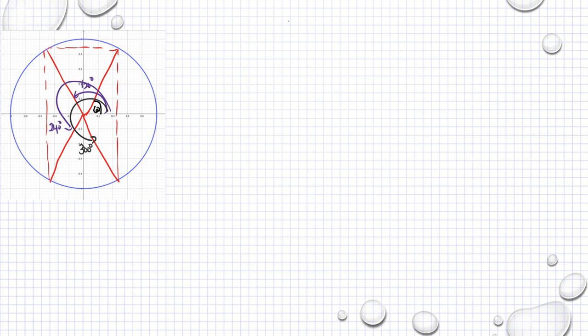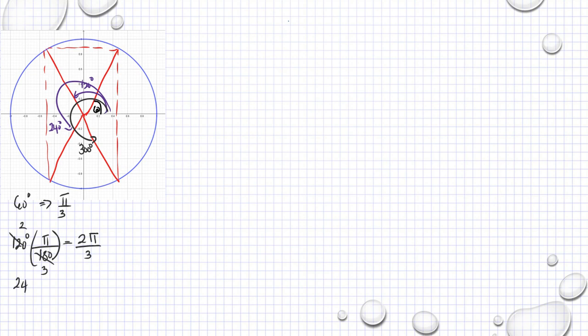Okay, so we have 60 degrees, that is equivalent to pi divided by 3. Then we have 120 degrees. If we do 60 over 180 times pi, we have 2 there, we have 3 there, so we have 2 pi divided by 3.